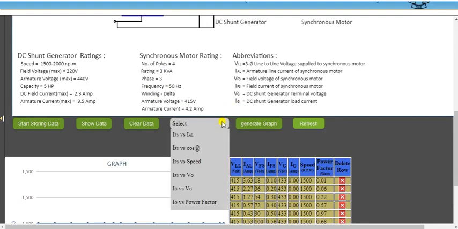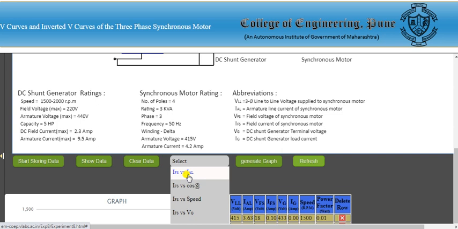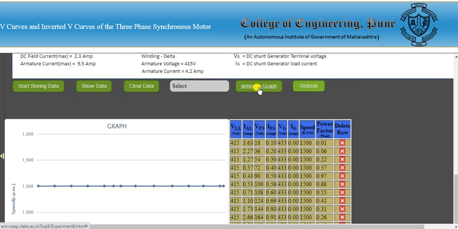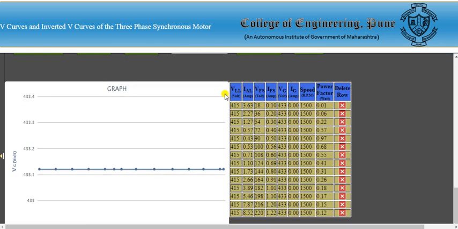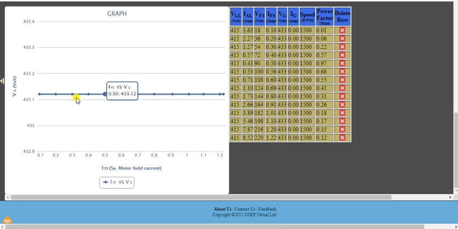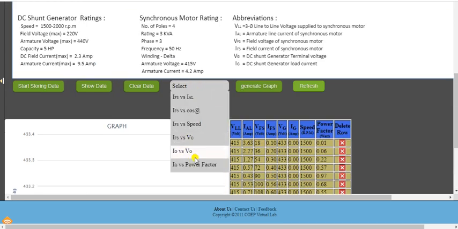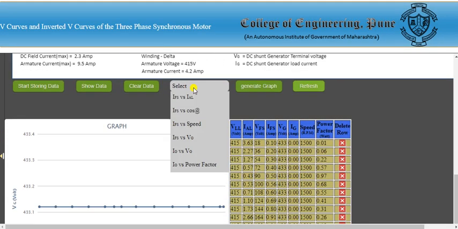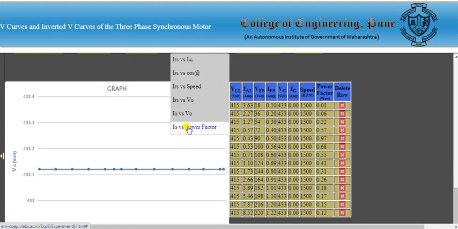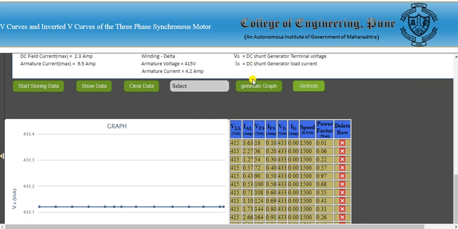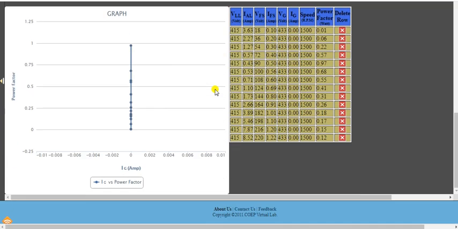Speed is constant. And the third and fourth graphs, generate graph, are also constant: field current versus VG, then IG, the generator current, which is 0.